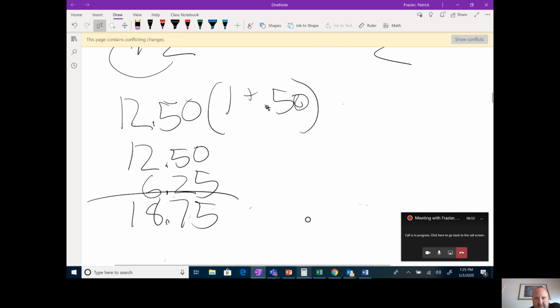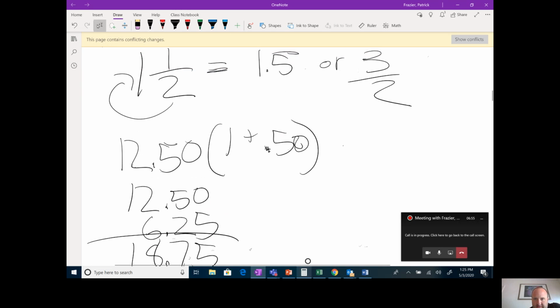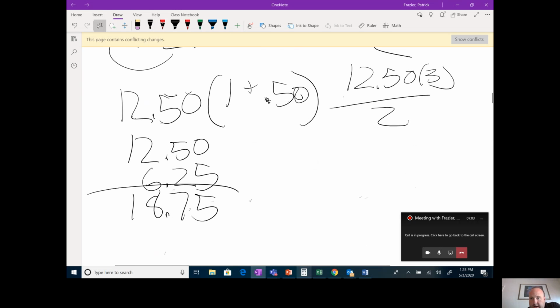Anyway, we could also say 3/2, so that's 12.50 times 3 divided by 2, and 12 times 3 is 36. 50 cents times 3 is $1.50, so that's 37.50 divided by 2.